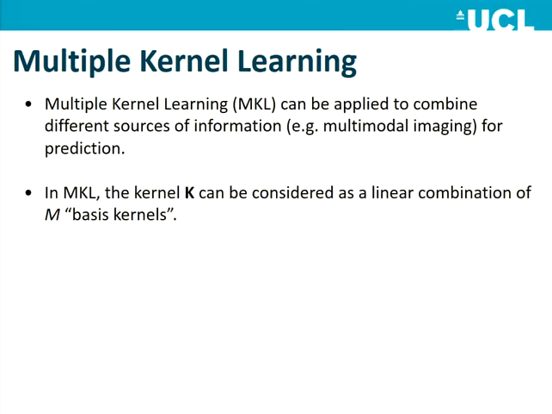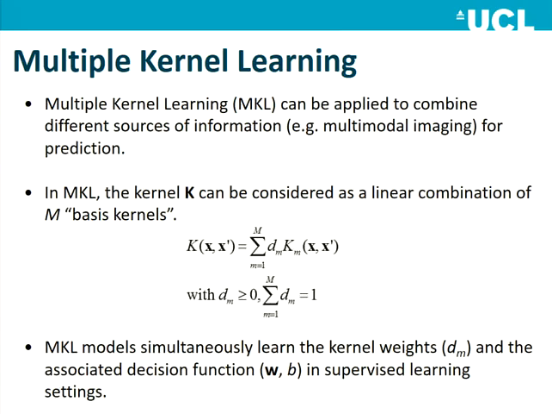In MKL, your kernel is a linear combination of basis kernels, and you can represent each neuroimaging modality by a different kernel, and you learn the contribution of each modality for the prediction. So you learn the decision function, and you learn the contribution of different kernels that can correspond to different modalities, or, for example, different brain regions, to your prediction. So it's quite a nice way of combining different types of data for prediction.